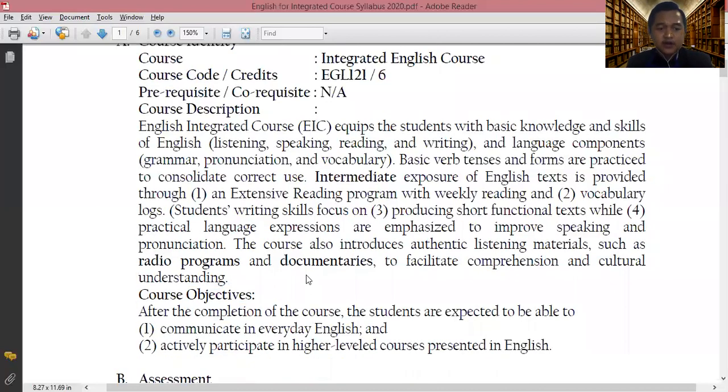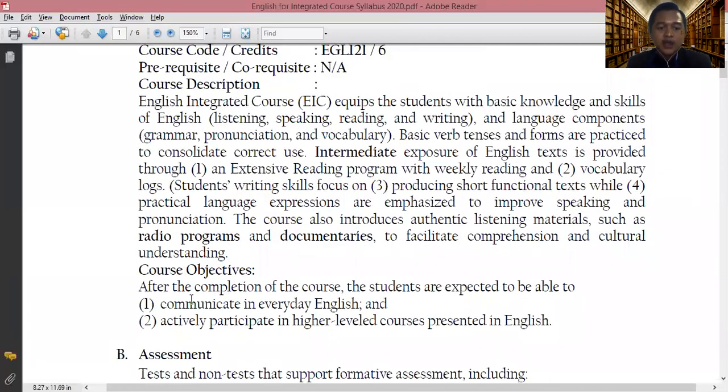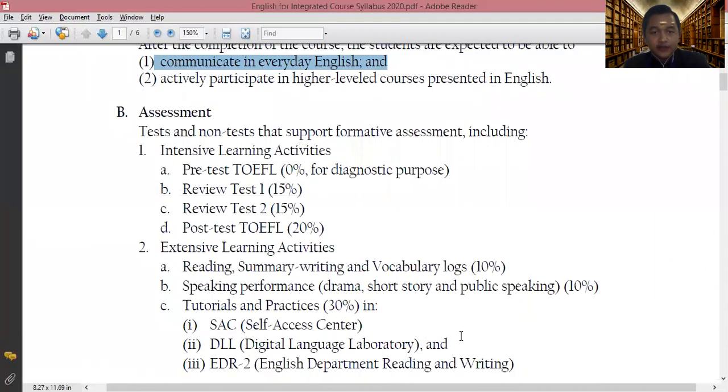The objectives of this course, after the completion of this course, you are expected to be able to communicate in everyday English and actively participate in higher level courses presented in English. As for the assessment, so your final score is calculated based on two major streams.